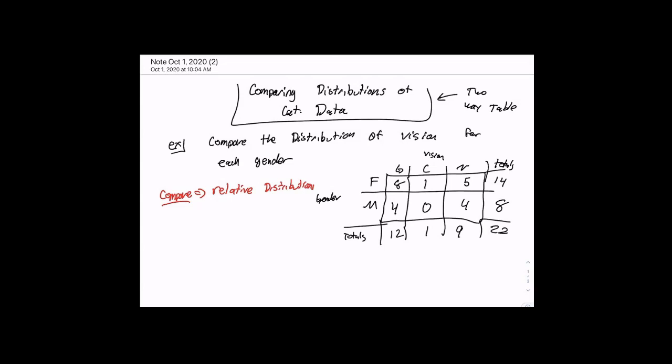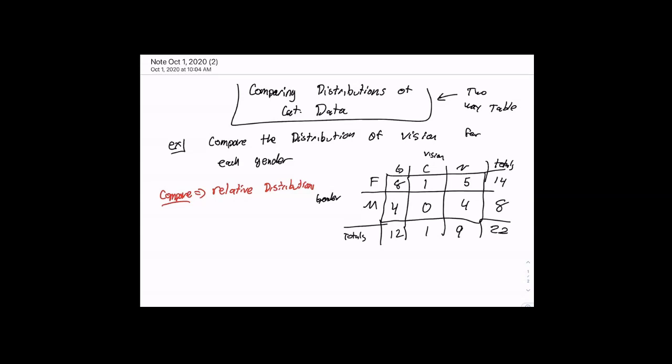Let's look at the neither ones, right? There are 5 females that don't wear any contacts or glasses. And there are 4 males. All right? So who's more likely to wear neither? If you look at the raw numbers, the counts, it looks like 5 is greater than 4. But wait a minute.